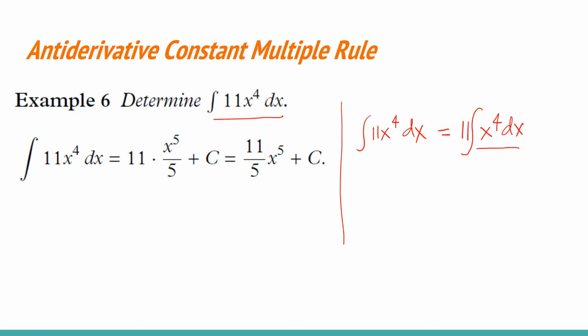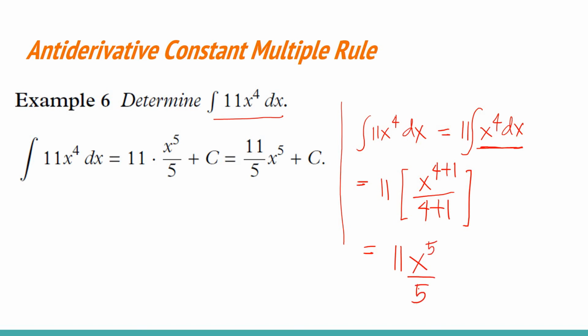This part here, the integrand with the dx, will just be the integral part. So equals 11 times x raised to the power of 4 plus 1 divided by 4 plus 1. So this will become 11x raised to the power of 5 divided by 5, and then plus c. So that's why this is the final answer.